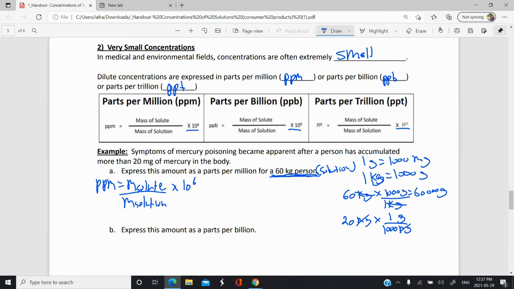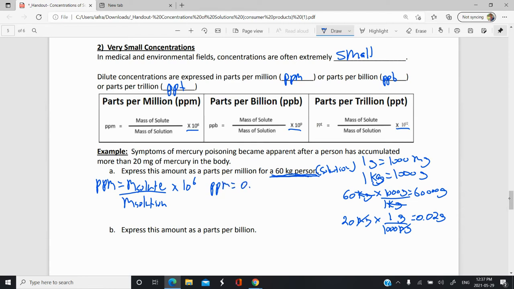So cancel out milligrams. In other words, I'm dividing by 1,000, and I get 0.02 grams. And I have to keep the same number of sig figs, so it's 1 sig fig each, so I'm good with that.